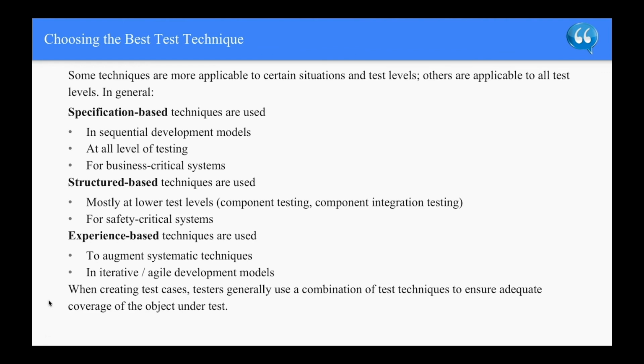Structure-based techniques are used mostly at lower test levels, component testing and component integration testing, and are indicated for safety critical systems. Experience-based techniques are used to augment systematic techniques in iterative agile development models. When creating test cases, testers generally use a combination of test techniques to ensure adequate coverage of the object under test.